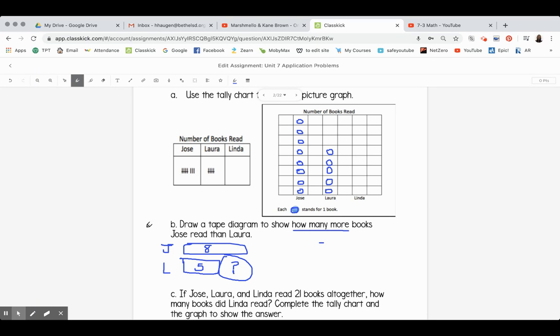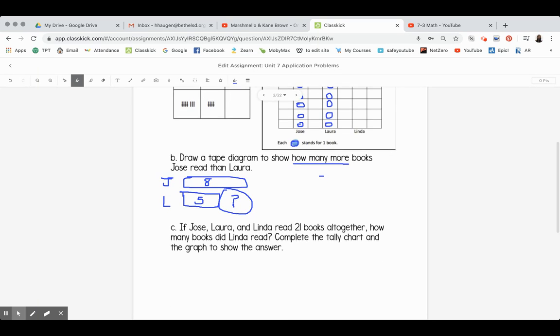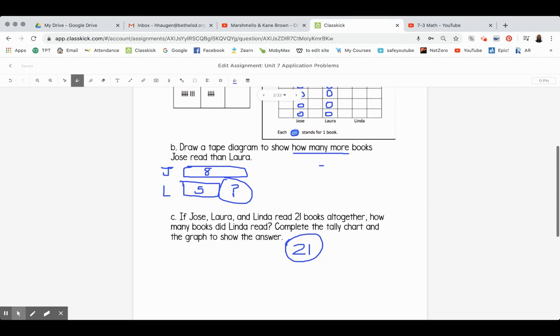For the next part, it says, if Jose, Laura, and Linda read 21 books altogether, how many books did Linda read? Oh good, Linda did read. Complete the tally chart and the graph to show the answer. So we've got lots of stuff to do here. We know that we want our total, our grand total, to be 21.